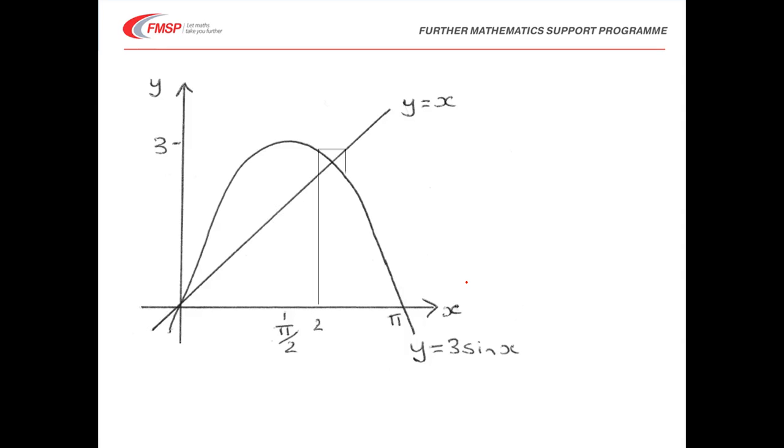And so if I work out the new y value, I end up going to there. And I use that as my new x value, sub it in, new y value, and by this stage I've shown that I'm getting further and further apart. And you can see that it's oscillating because it gets further and further apart, and it keeps going one to the left, one to the right. And that would be enough for the cobweb diagram for that question.